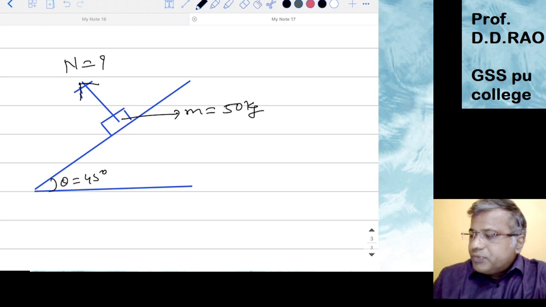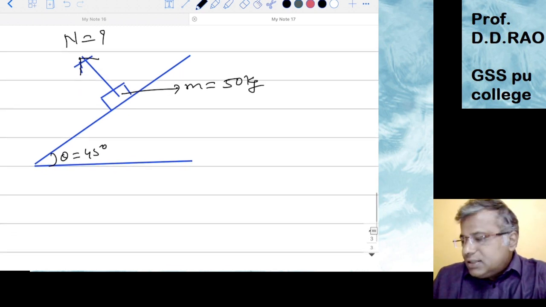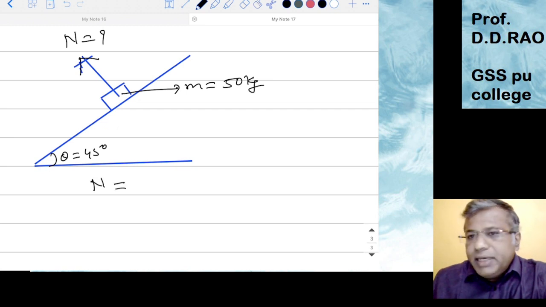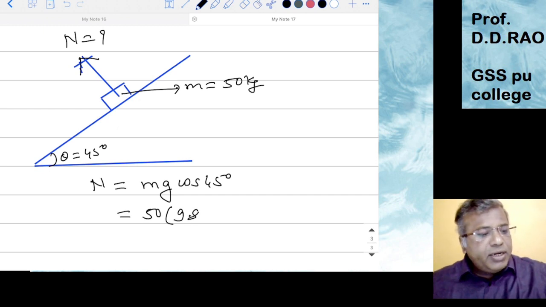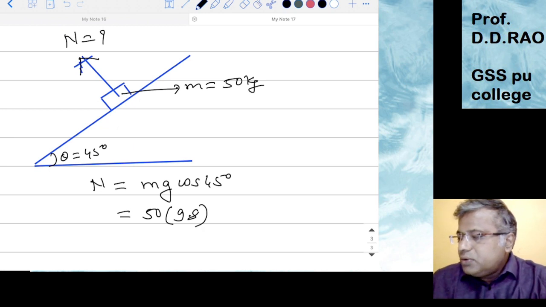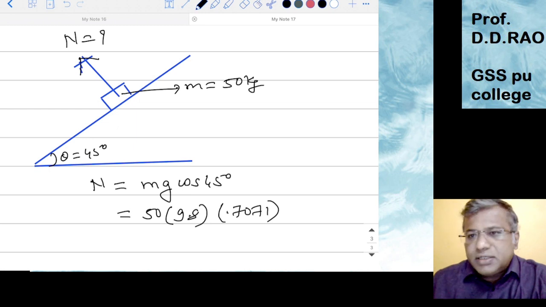If you would have tried it, you would have seen that the normal reaction N will be equal to mg cos 45 degrees, which is 50 into 9.8 into cos 45 degrees, 0.7071. That's the value you will get.